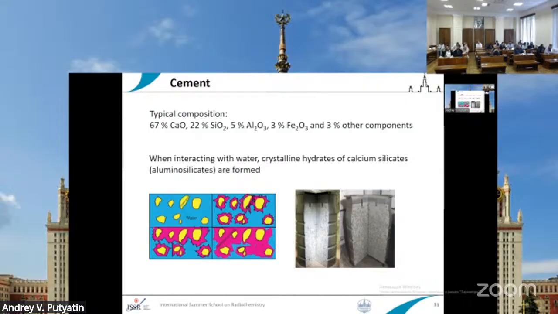Of course, there will also be some peroxides, hydrogen peroxide and others. These peroxides can interact with the radioactive waste, forming other materials, oxidizing these materials. So water radiolysis produces a lot of active species. That's why cementitious materials cannot be used for high-level waste.